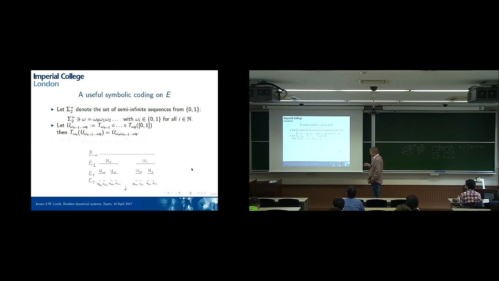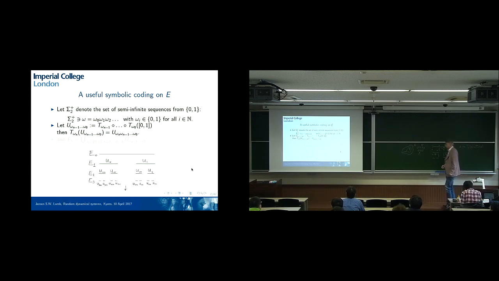And I'm going to define a set U with some finite index address, omega_{n-1} to omega_0, as the images under these maps. In particular, U_0 is just the image of the full interval under T_0, and the image under T_1 is U_1.